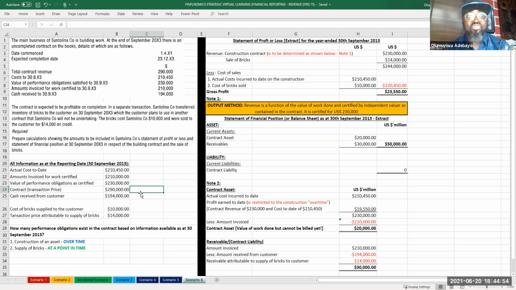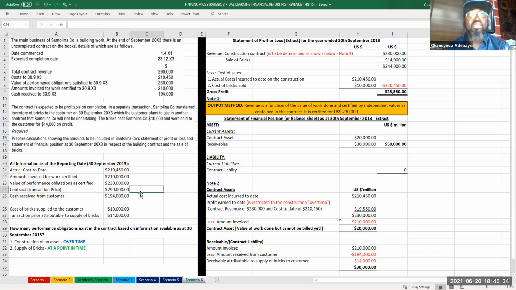Part of your retention fee is like a penalty that will be used by the customer to rectify it. Or the customer might withhold it and say, come and rectify it. At the point you rectify it, you incur additional costs in order to collect it, which means the additional costs you incur will be expensed as incurred.